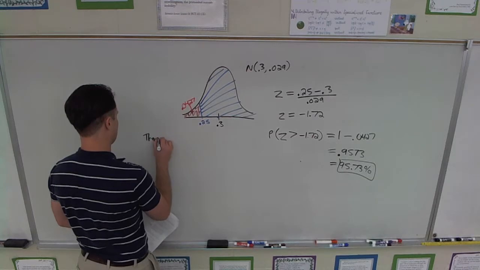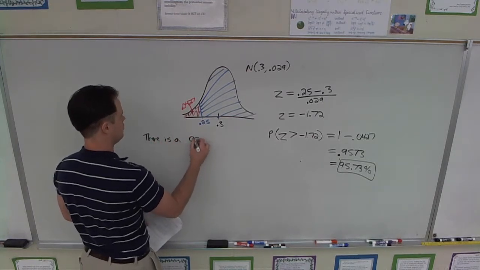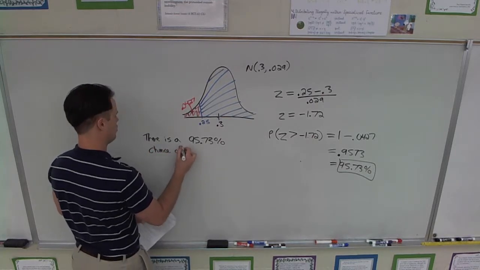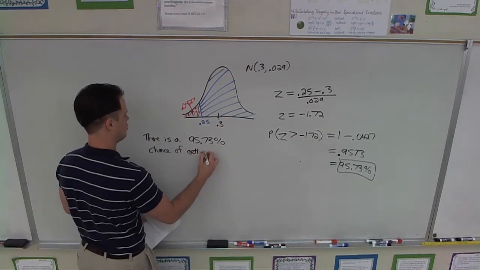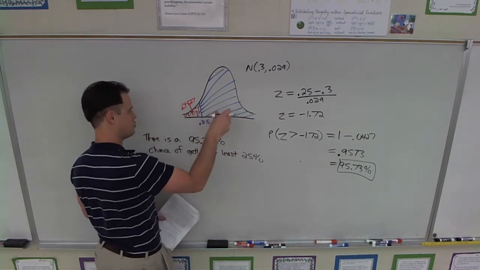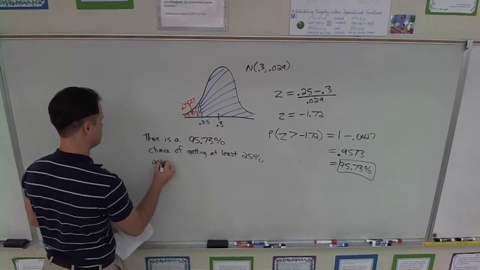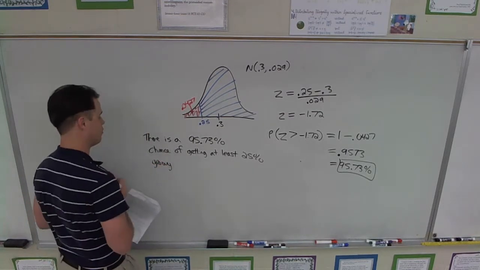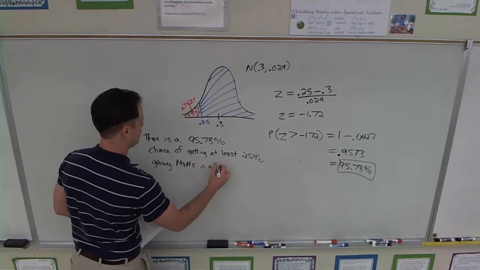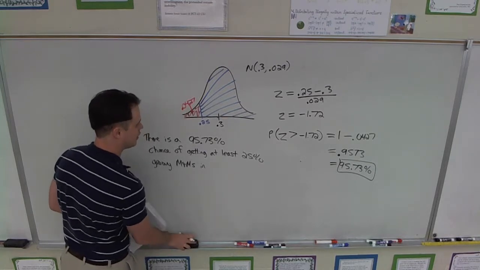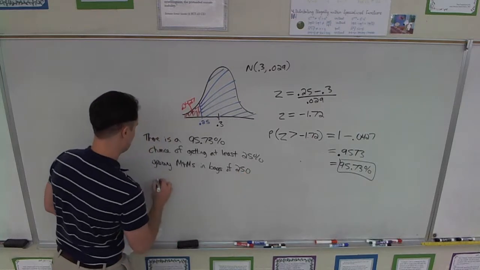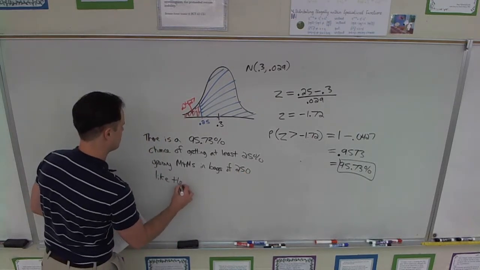So there is a 95.73% chance of getting at least 25%, there's the visual for that, groovy M&Ms, whether these be tie-dye or whatever color that means, in a bag, well, I'm going to say not in a bag, in bags of 250 like these.